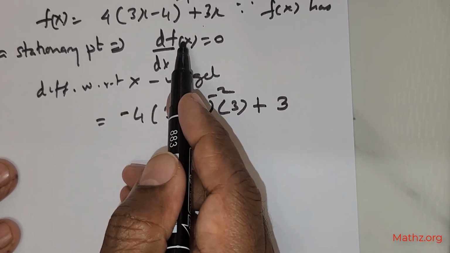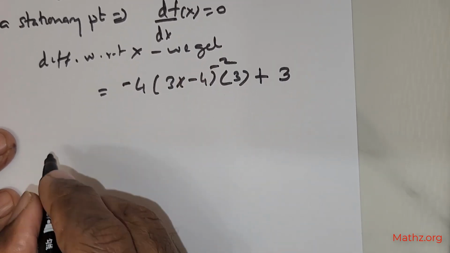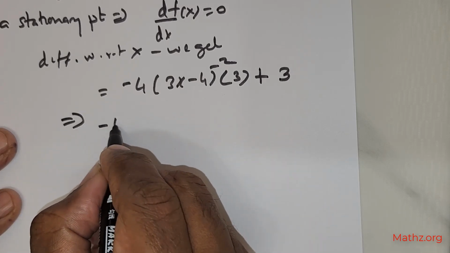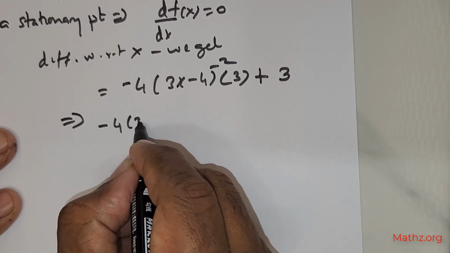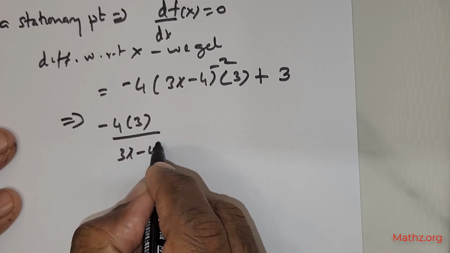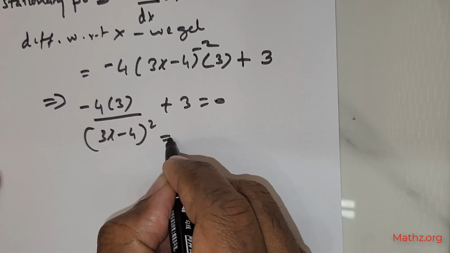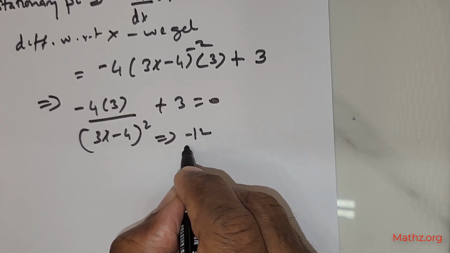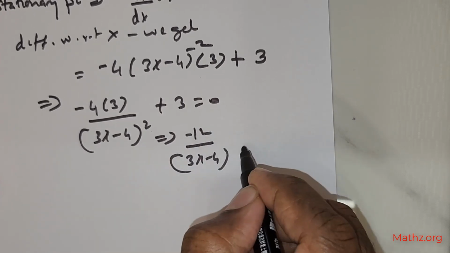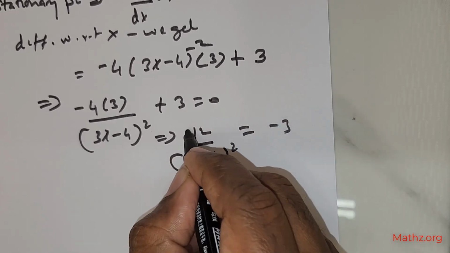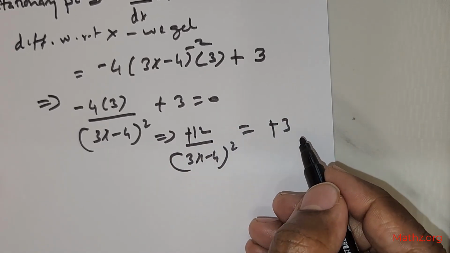Now since df over dx is equal to 0, this means negative 4 times 3 divided by (3x - 4) raised to the power of 2, plus 3 is equal to 0. So this means negative 12 over (3x - 4) the whole squared is equal to negative 3. Positive.